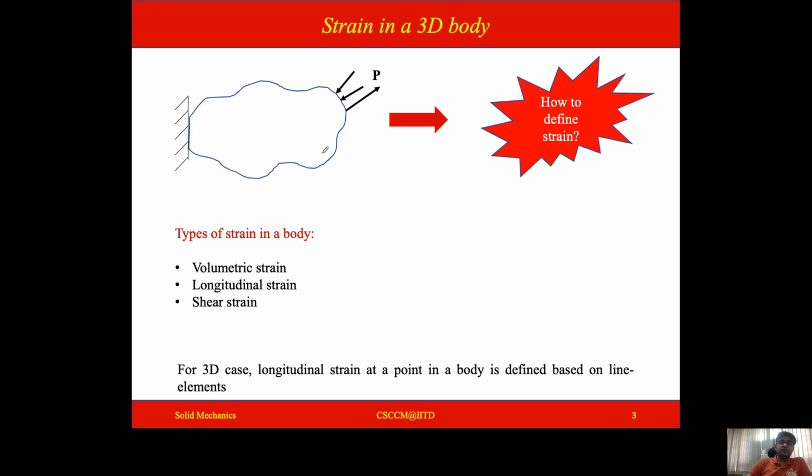So for example, you see an arbitrary shape here, and then there is some boundary condition, and then it is being acted upon by some arbitrary force in some arbitrary direction. So clearly you can see here. So now the question is, how do we define strain for such an arbitrary body?